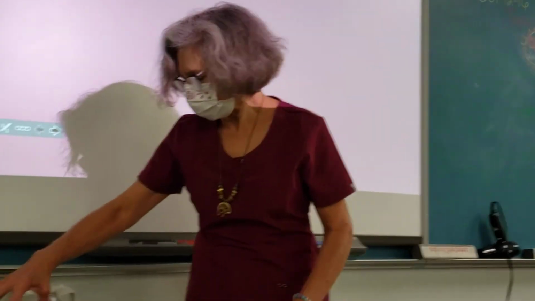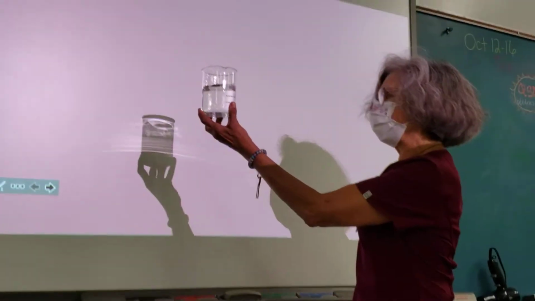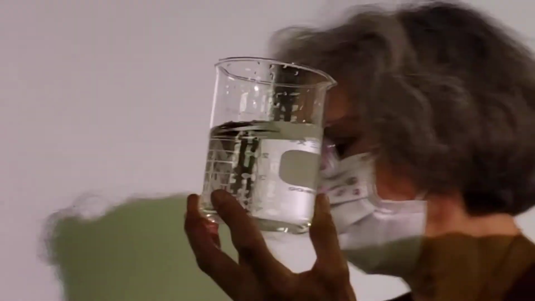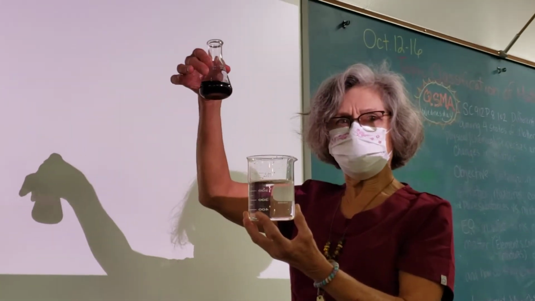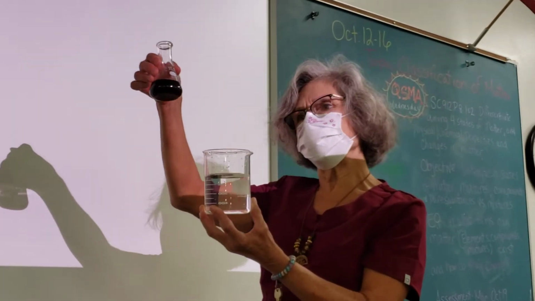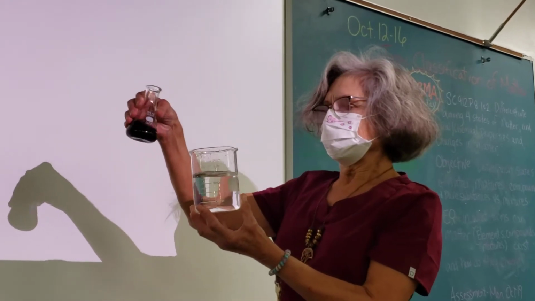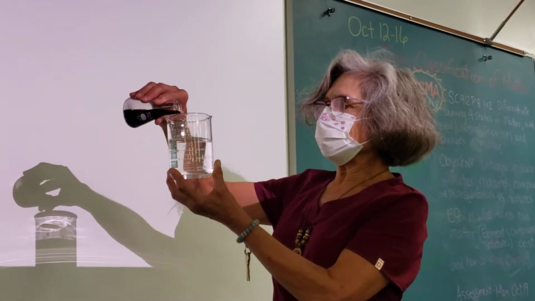Number 2, I have water. And I have some dye. This dye started out probably as a powder, which was then mixed with water. And then I'm going to mix it with more water.